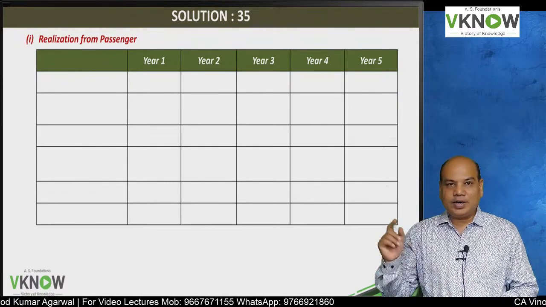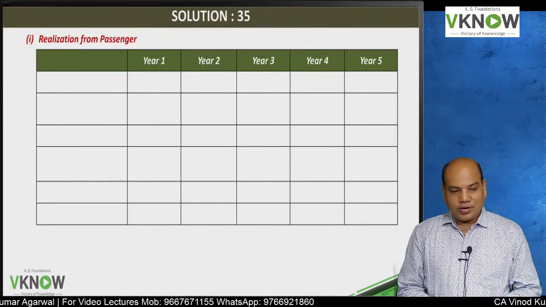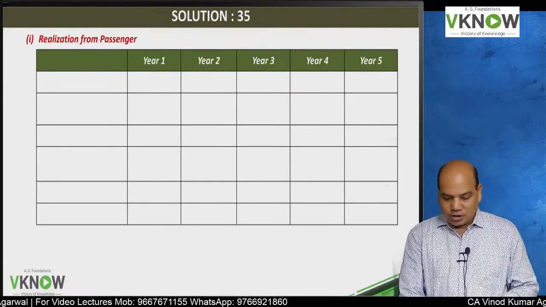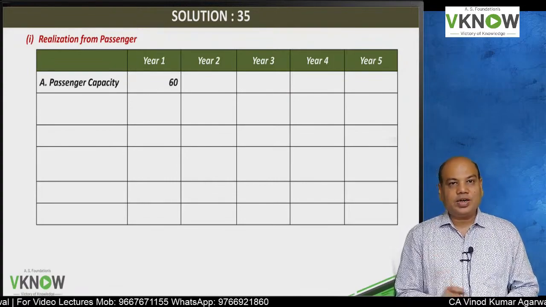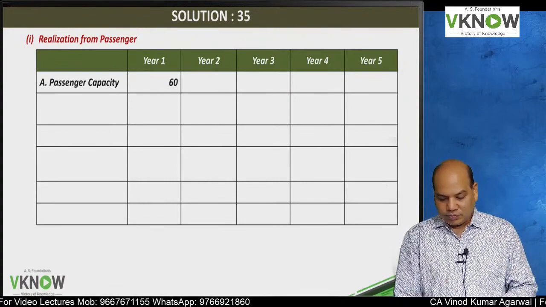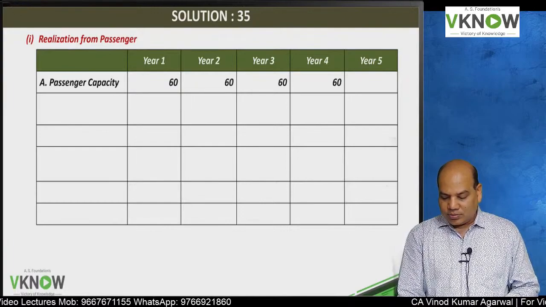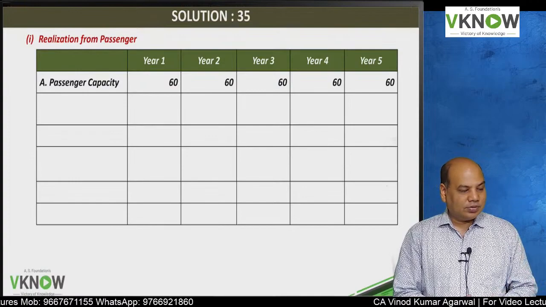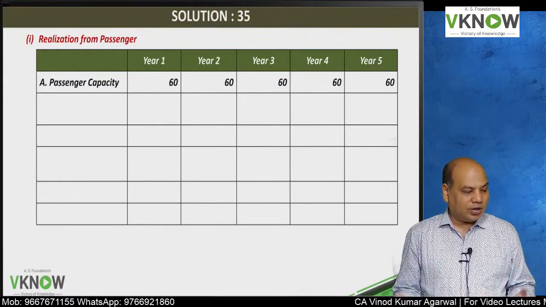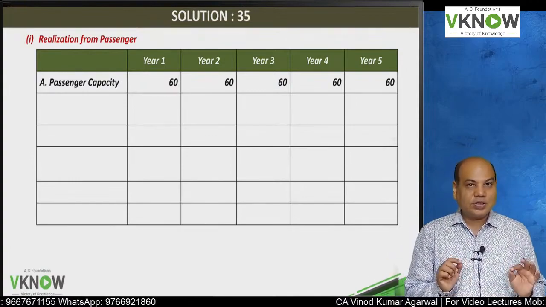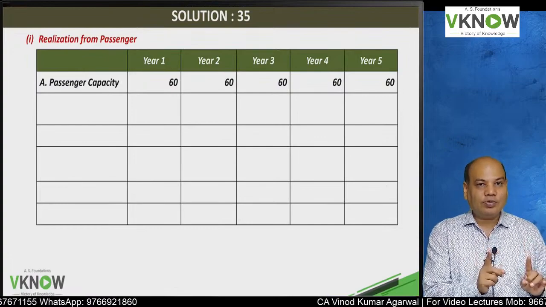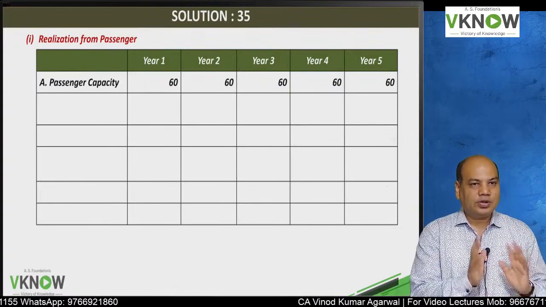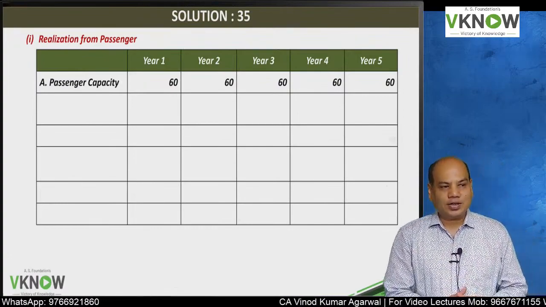Write down year 1, year 2, year 3, year 4, year 5. First point A, write down passenger capacity. One day you will become, suppose, CFO of Jet Airways or Indigo Airline or SpiceJet. This is how they do the evaluation before they start a particular sector.